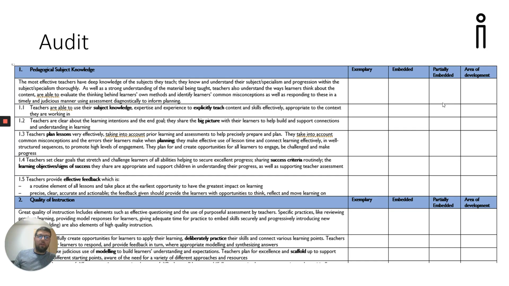So the next part was to ask teachers to decide upon what area they'd like to focus on. Rob Coe has a great teaching framework, which is where we base all of our teaching, assessment and CPD on, and it has 6 core strands. On the PowerPoint here you can see 2: subject knowledge and quality of instruction.